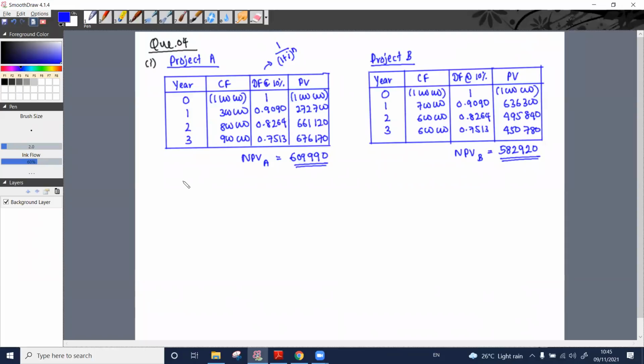Therefore, project A needs to be selected. What is the reason? Higher net present value is with project A, therefore they should select project A over project B.